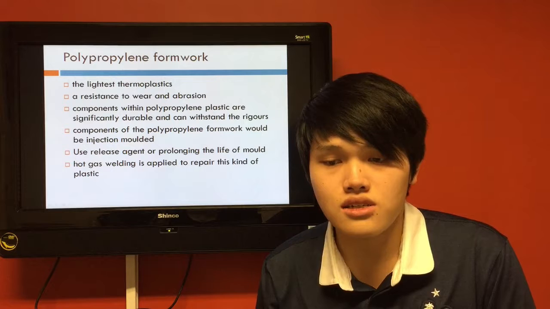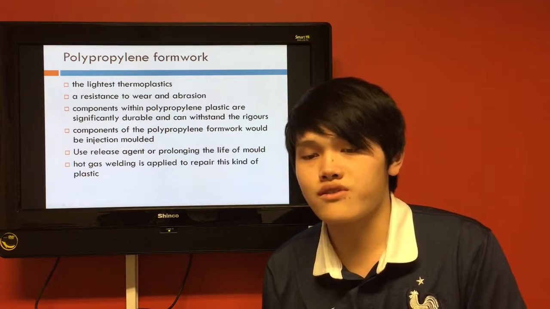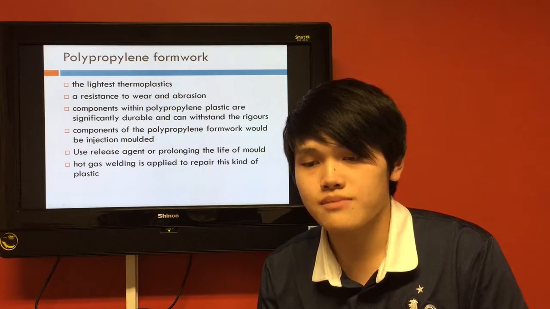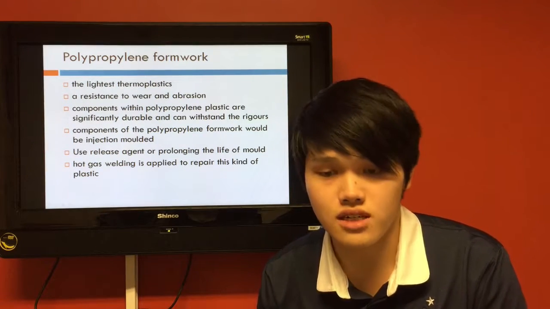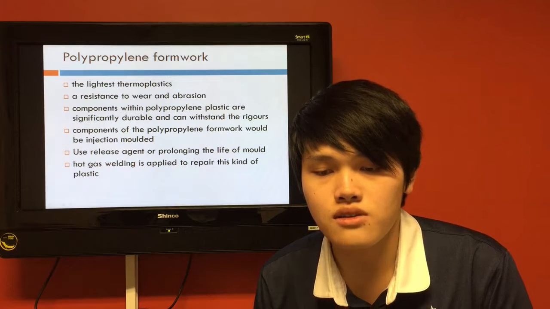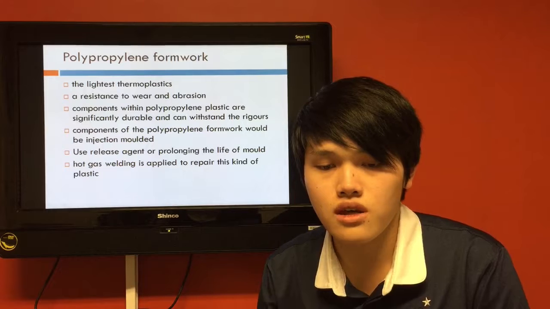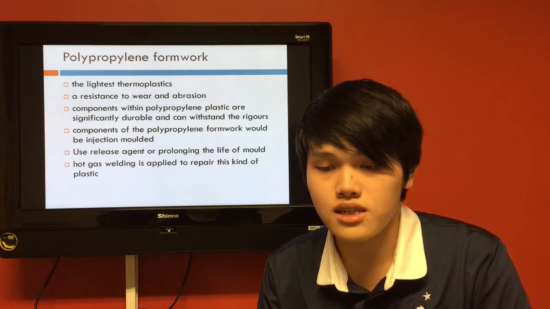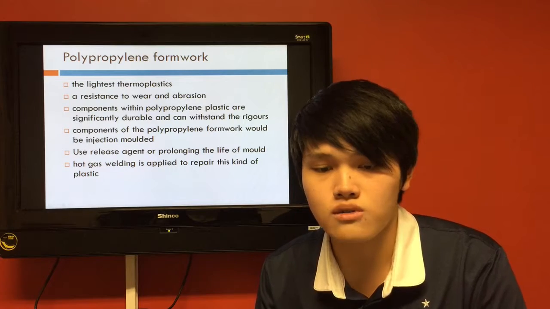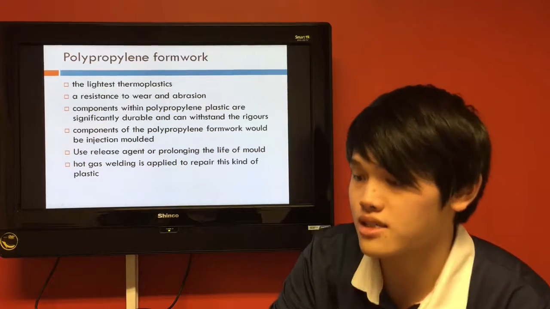It is resistant to wear and abrasion, and the components within the polypropylene plastic are significantly durable and can withstand the rigors. The components of the polypropylene formwork would be injection molded. Use a release agent here for prolonging the life of the mold, and hot gas welding is applied to repair this kind of plastic.